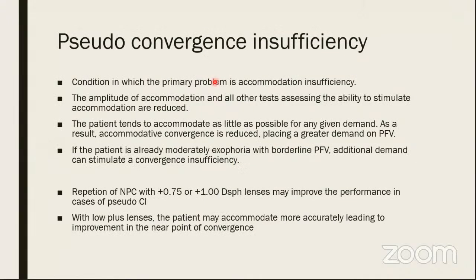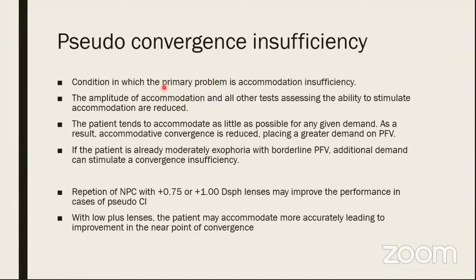Okay, so there was a discussion in the previous session itself about the condition called pseudo convergence insufficiency. Sometimes convergence insufficiency could be associated with accommodative insufficiency also. So in that case, it is very necessary to differentiate convergence insufficiency and accommodative insufficiency.